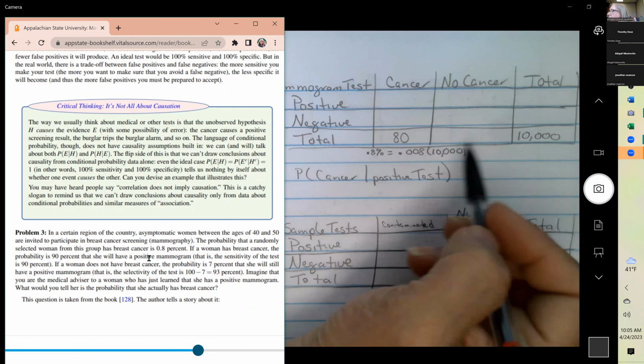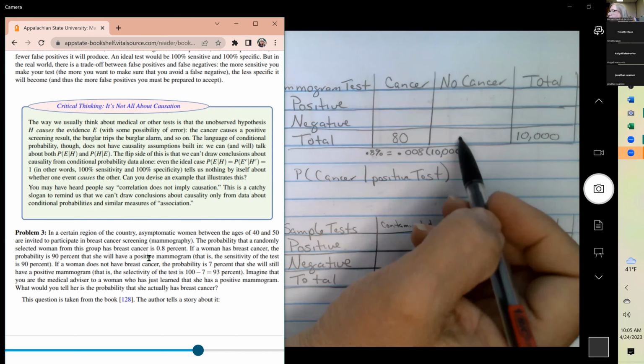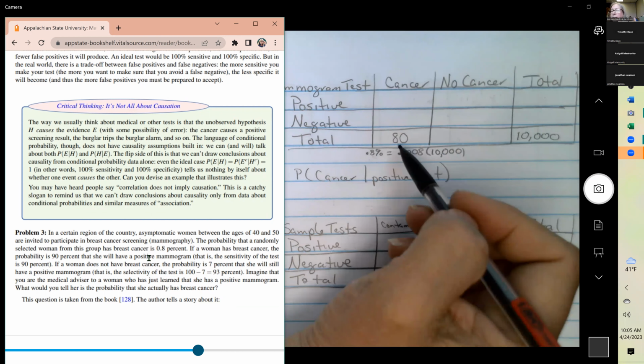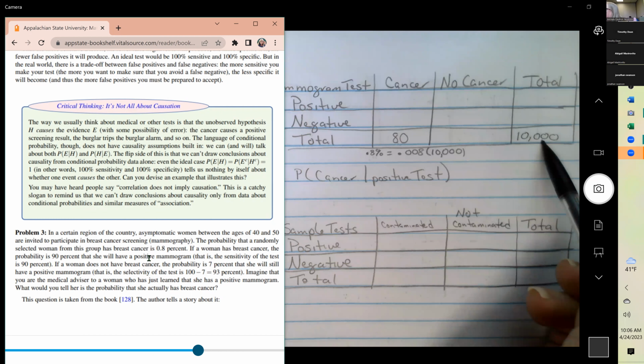Now remember, you need to be able to add across and down. So we can find this value by taking the 10,000 and subtracting 80. Any questions? Because we need to be able to add across, because this column is total and so is the bottom.